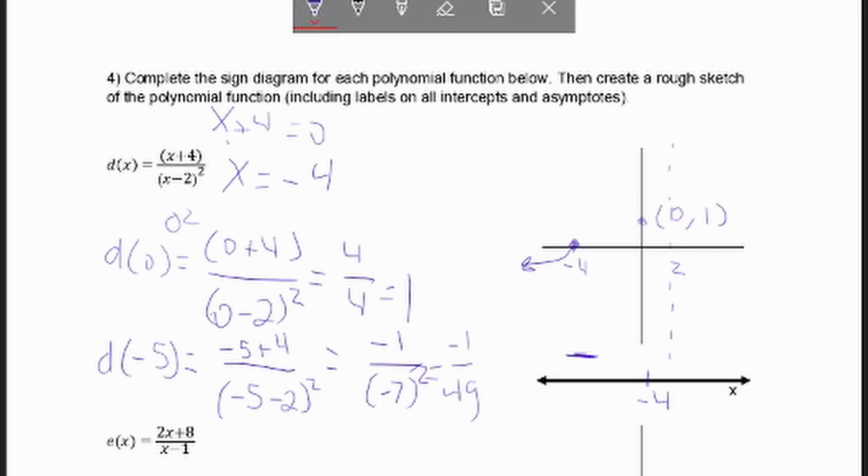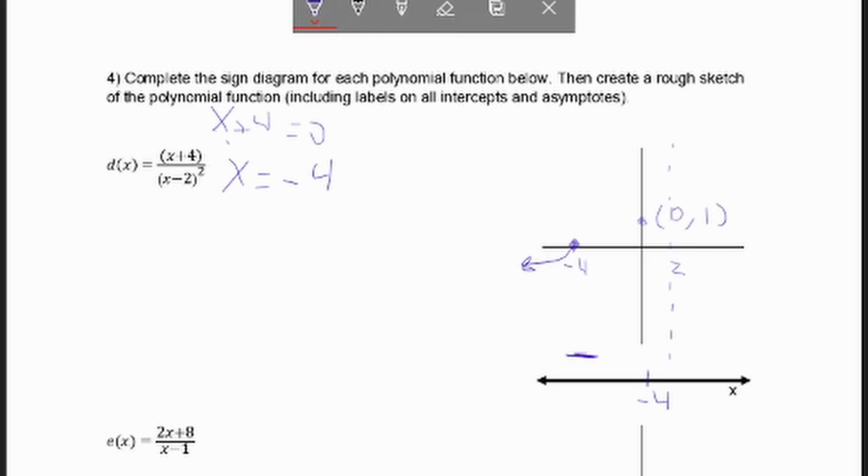And then we can solve for an x value between negative 4 and x equals 2. So again, we're testing a value between negative 4 and 2. We know that it hits y equals 1 when x equals 0. So let's just try d of 1, nice and easy.